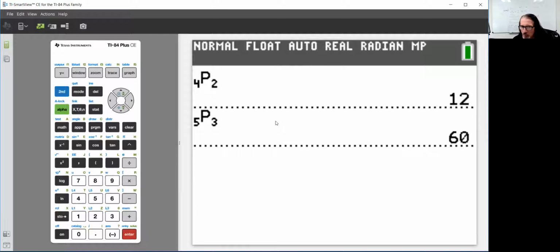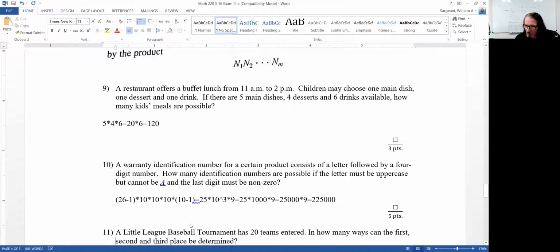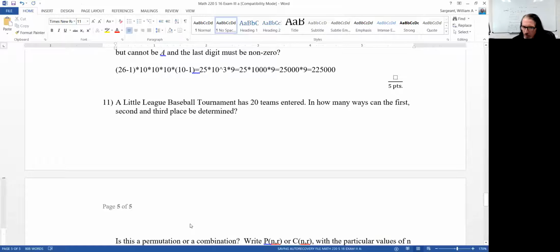All right, so following that, let's take a look at number 11 here. A Little League team has 20 teams entered into some like World Series of Little League. How many ways can there be a first, second, and third place? Is it a permutation or a combination?